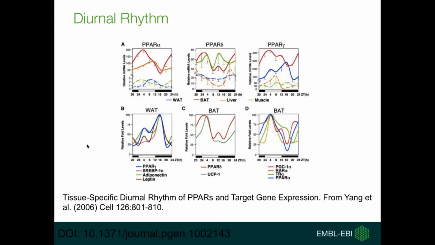I'll give some examples. For example, here is an effect of diurnal rhythm from measuring PPAR gamma and PPAR delta, as well as how they translate and change over time. The x-axis is a timeline in a mouse over 24 hours, and you have daylight activity and nighttime activity. Some of these hormones, such as leptin, vary quite a lot.